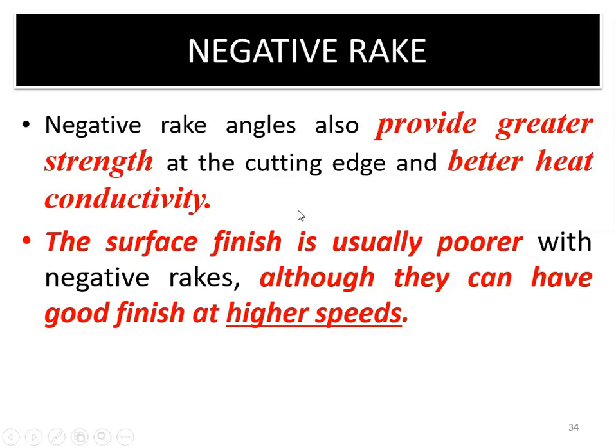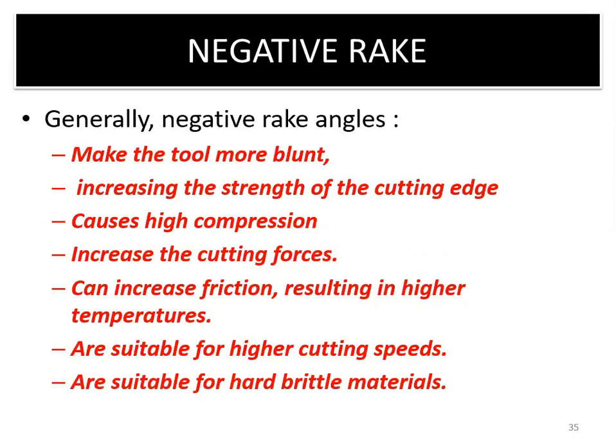These are the benefits of negative rake angle. These are listed down as we are going to lose the sharpness of cutting edges, therefore the tool will be more blunt. As material is more, the strength of cutting edges is more.